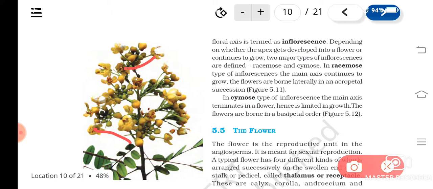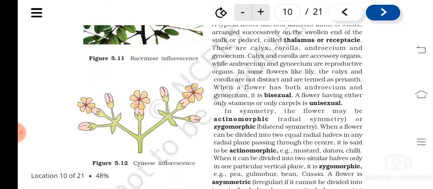And in cymose inflorescence, the main axis terminates in a flower. So the axis will have limited growth, and the flowers are borne in a basipetal order, meaning the older flowers will be at the top and the younger flowers towards the base.